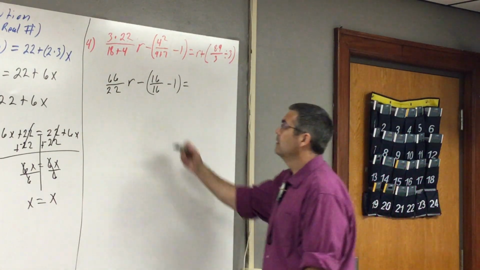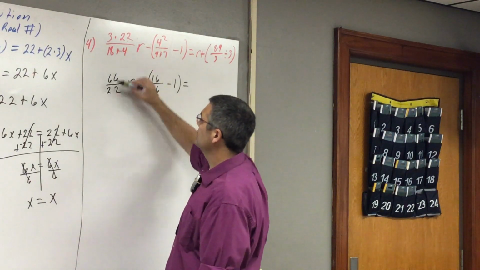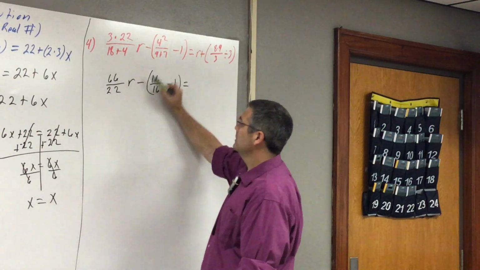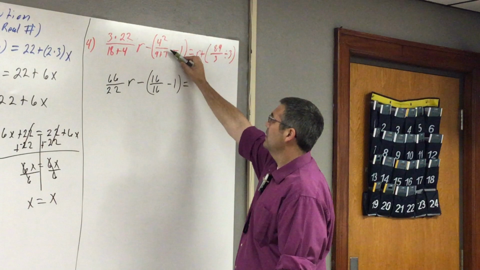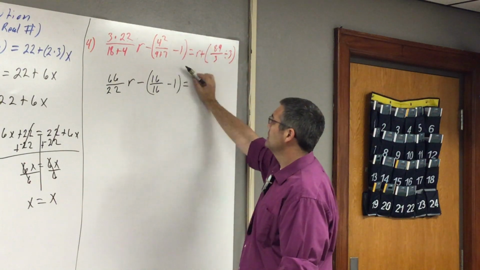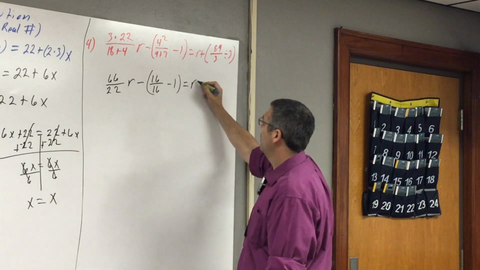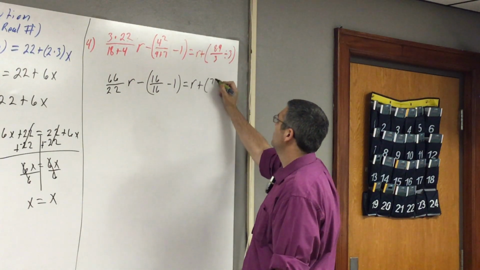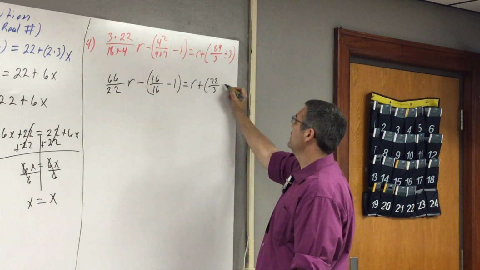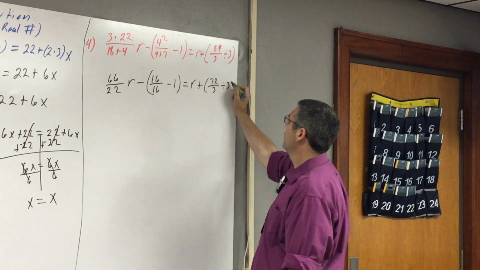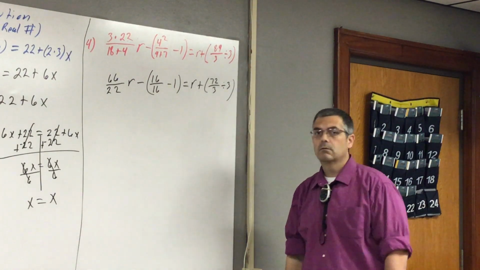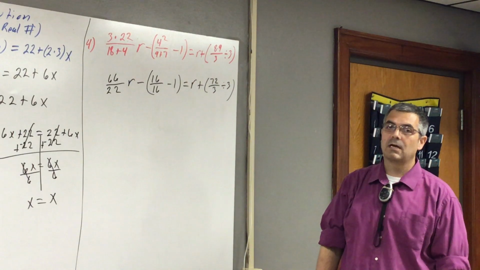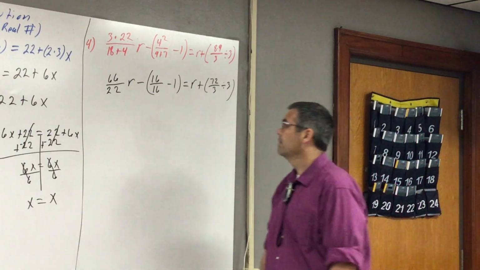That's all I'm doing. I did this, I wrote it down, I did this, I wrote it down, brought all this down. Did this, wrote it down, did this, wrote it down, brought this down, equals R plus, and you have 72 over 3 divided by 3. Okay, I just took it a step at a time, all right?